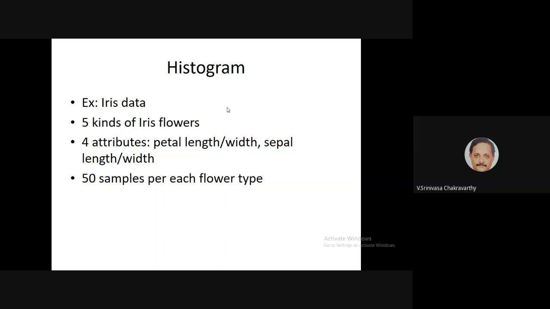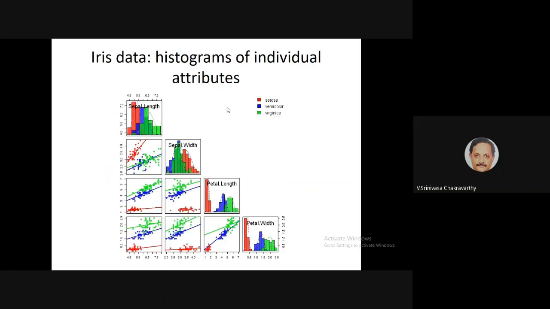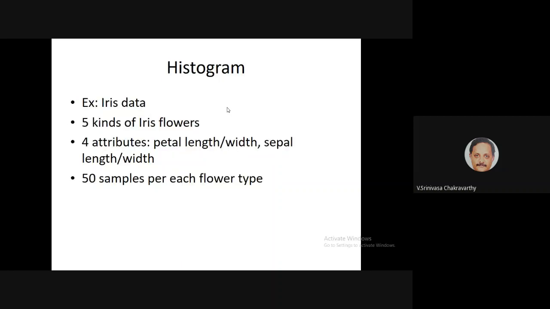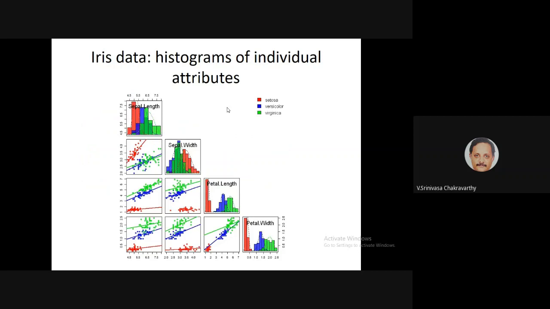There are 50 samples for each flower type. Actually, there are only 3 kinds of flowers: Setosa, versicolor, and virginica, and there are 4 attributes.